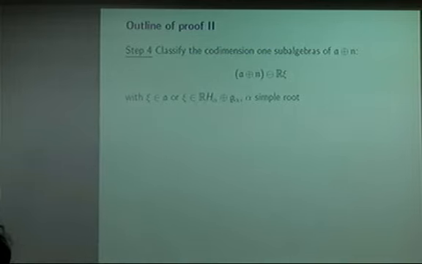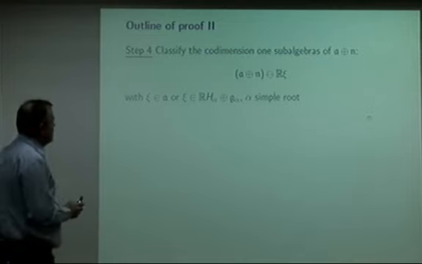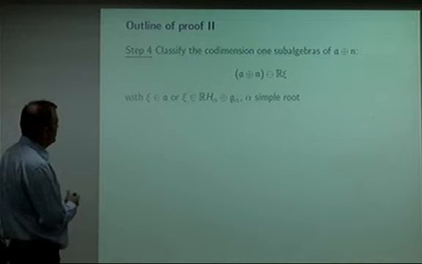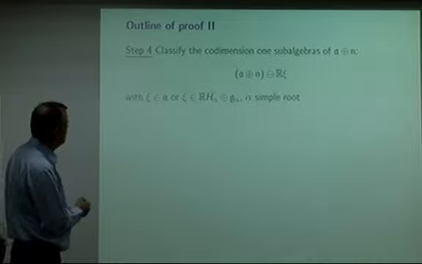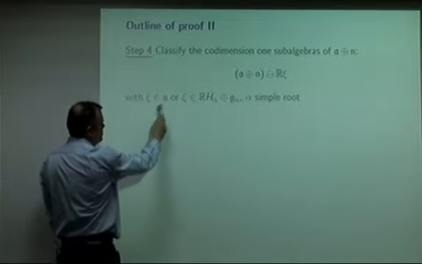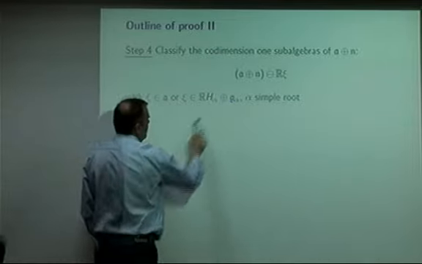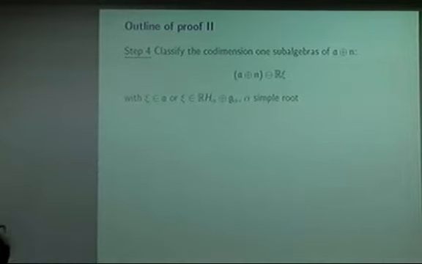So there are not many possibilities really for codimension 1 subalgebras. And you see where in our classification the real projective space comes from, and then the simple roots. This is where the real projective space will come from, and this is where our other foliations will come from.